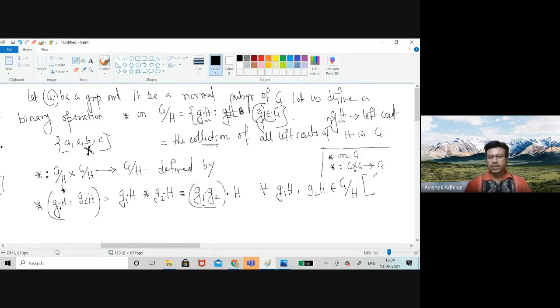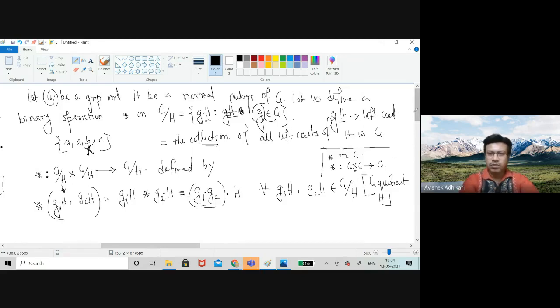We call it G quotient H. Why this is a quotient, you will understand shortly. G quotient H, not G by H. So please remember, this is not G by H. Many students say that this is G by H, but technically speaking, it should be said as G quotient H. Okay.